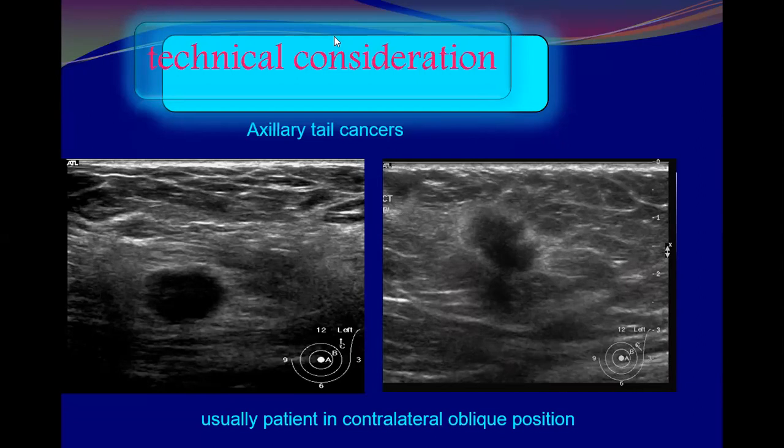But if it ends and there is no breast tissue in the area, and you went into the axilla and you find the lesions, this is most likely related to an ectopic breast, a lesion within an ectopic breast. Okay?